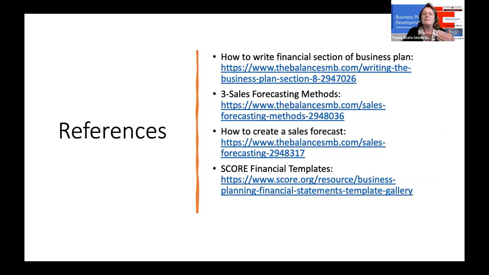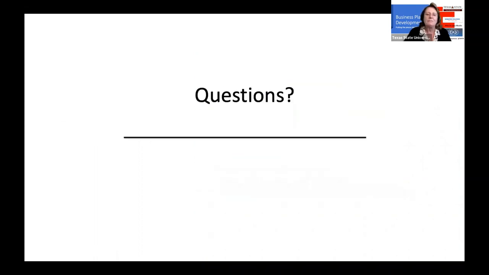So these are resources that you're more than welcome to go to and look at to help you in your planning process. And again, what I want to remind you, this business plan development workshop is about giving you the tools so that you can go out and develop your business plan. It's the tools that you need. So take advantage of these resources so that they can help you develop the business plan that you want.